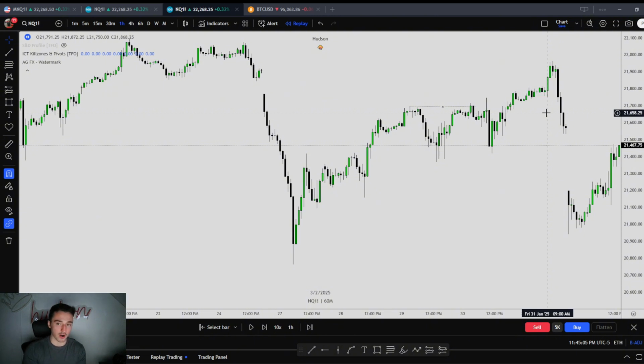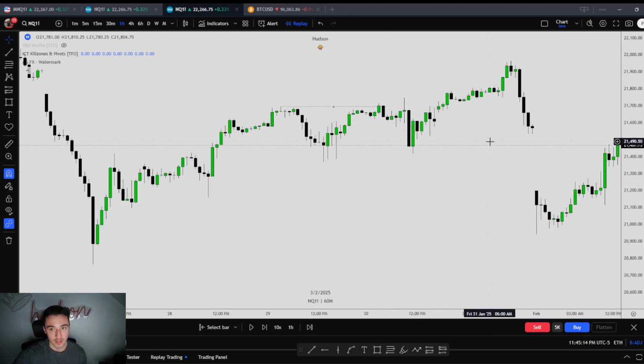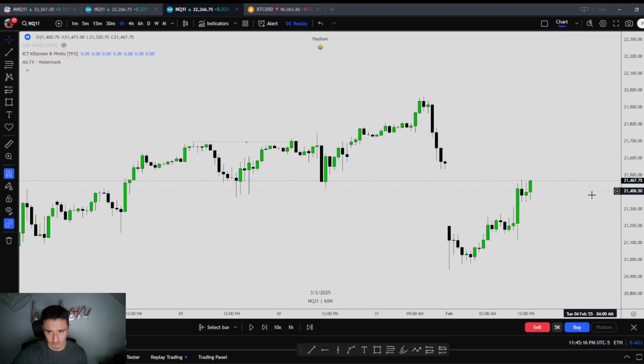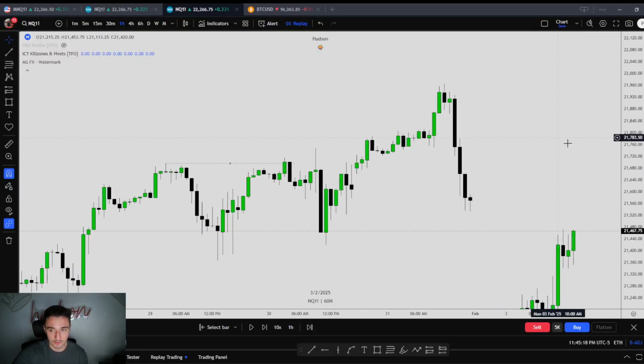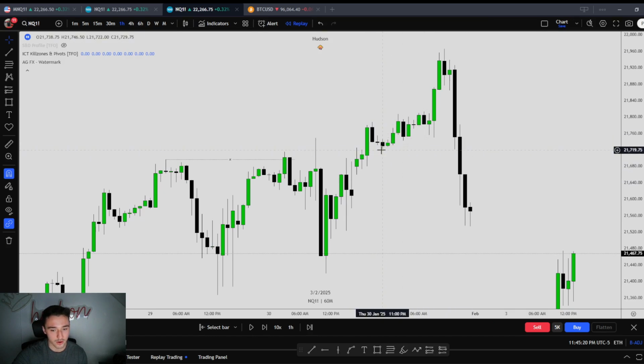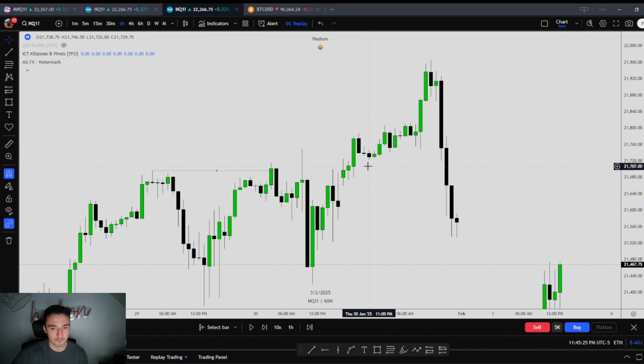So what does Friday like to do if we have trended up the entirety of the week? It likes to close back inside of the range, but we can still find an entry if we were delivering from key levels.